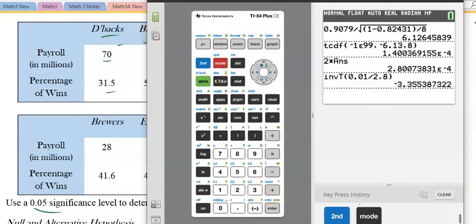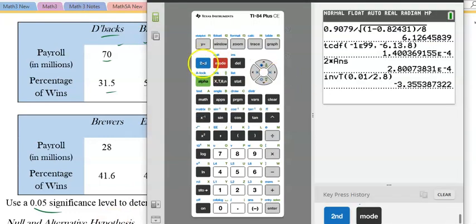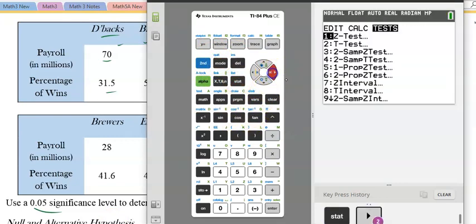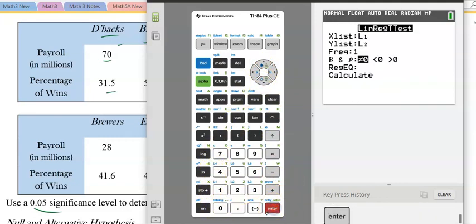Now I quit. Let's run the numbers and see how that works. We're going to quit and go to stat, then test. And remember, I was going to show you another way. If you go backwards, up, not down, you would see the linear regression right there. Faster.